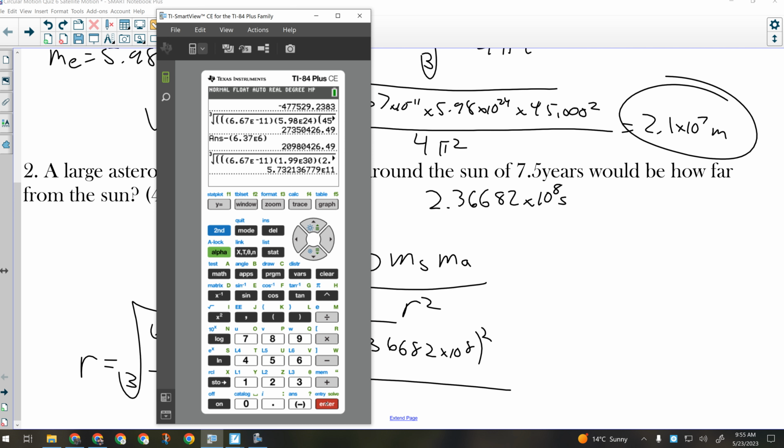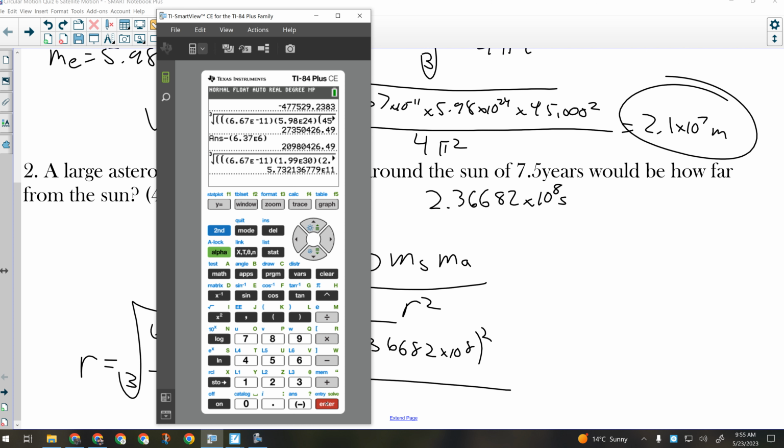Okay, so we should get that it is at an orbital radius of 5.7 times 10 to the 11 or so. All right, and it would have two significant digits because 7.5 years would be a measured value.